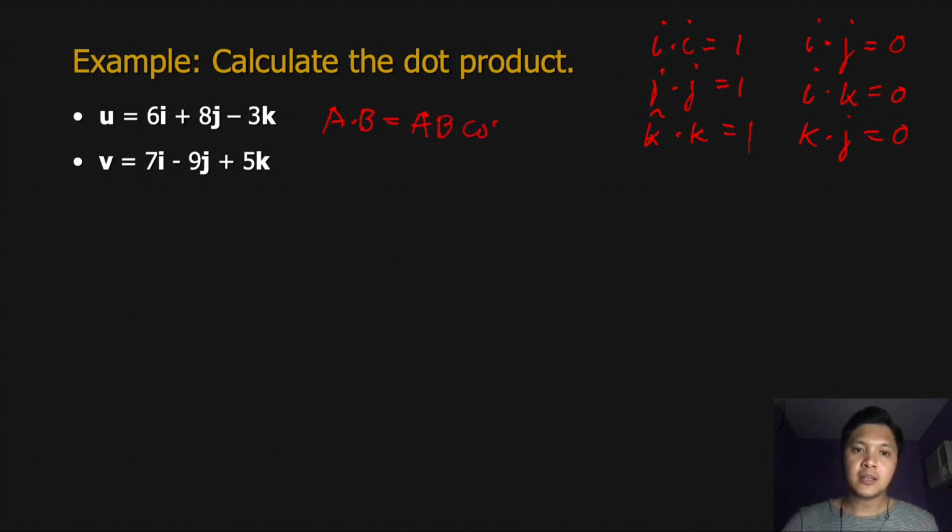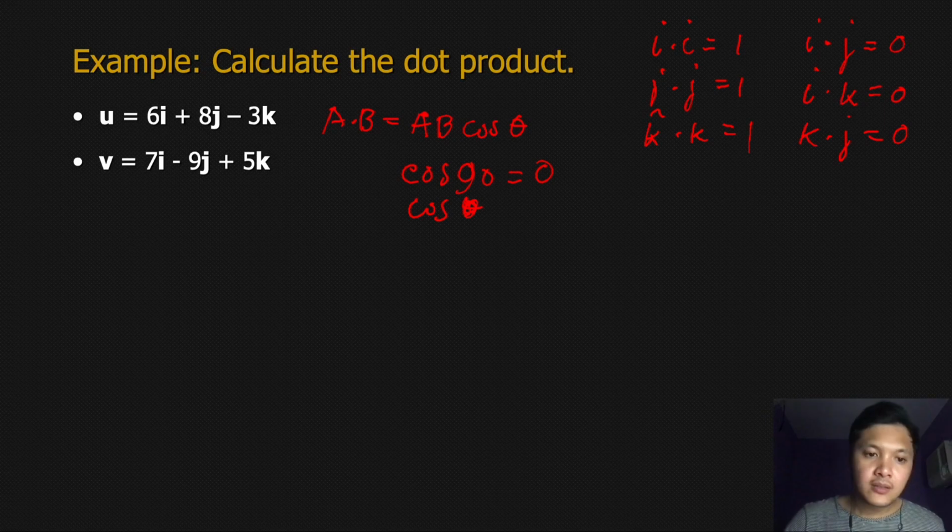Why? Since we have the formula a dot b is equal to ab cosine theta. If theta is 90, cosine 90 is equal to 0, while cosine 0 is equal to 1.